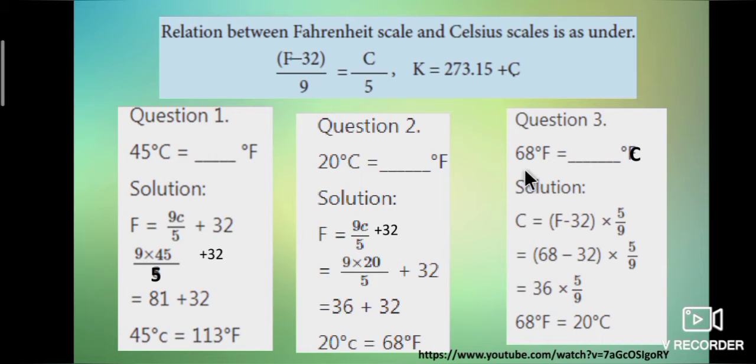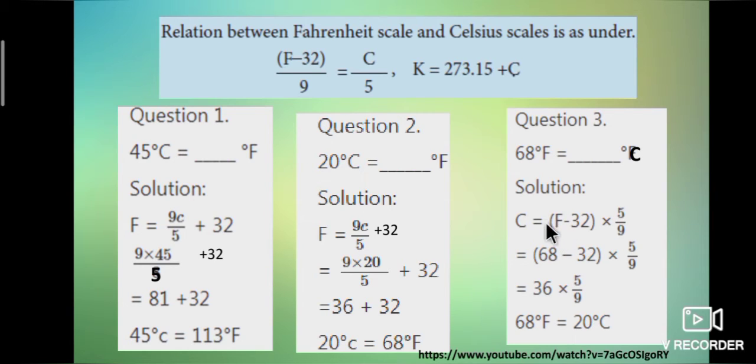And third problem, want to change degree Fahrenheit into degree Celsius. So 68 degrees Fahrenheit is equal to how much degree Celsius? Let's see the answer. C is equal to, from this formula, (F minus 32) into 5 divided by 9.